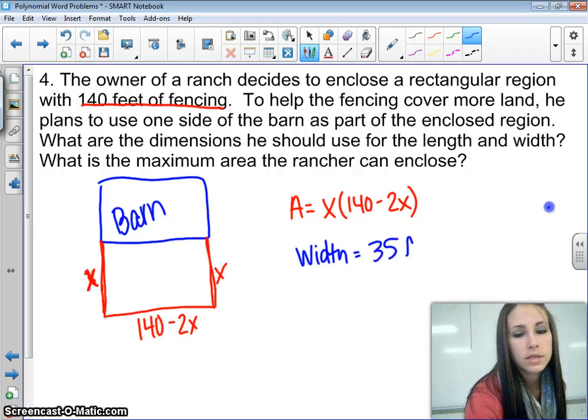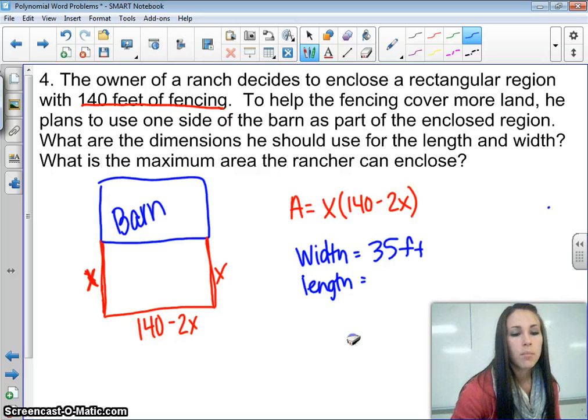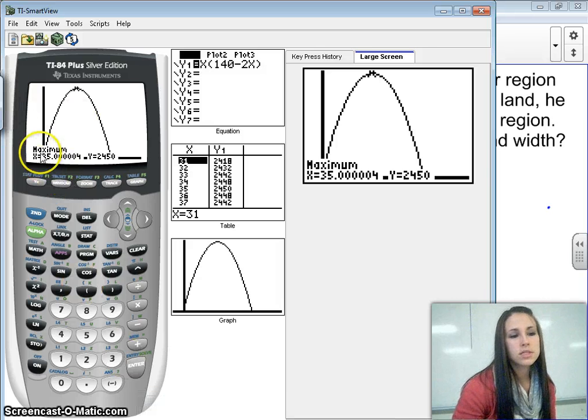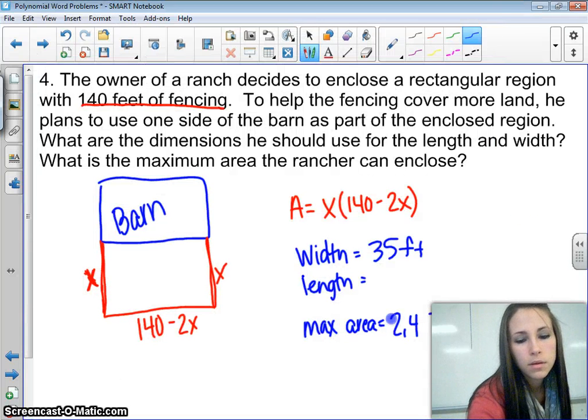Now, the length I'm going to find by doing 140 minus 2 times 35, and I'll find that in a second. But I'm going to go ahead and find the maximum area since we're there on our calculator. If this is the dimension that I use, then the maximum area that will create is 2,450 square feet.